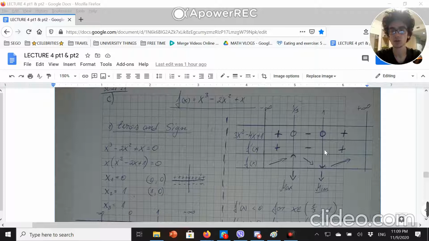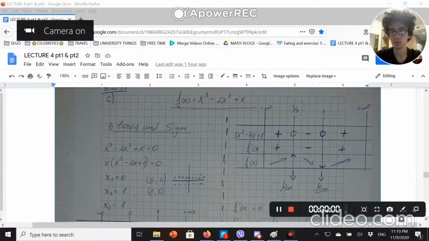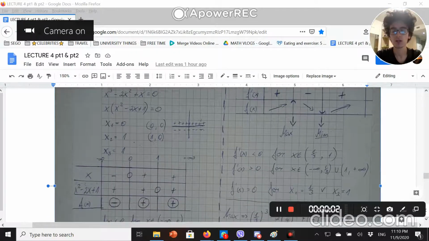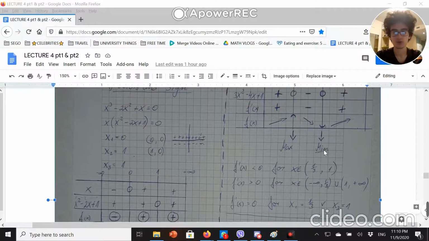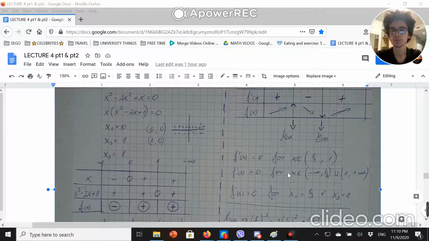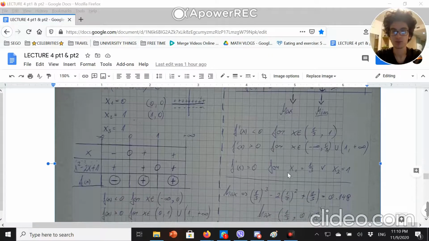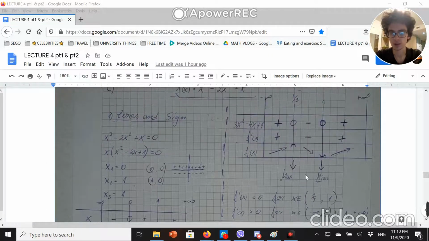So at point 1 we will have our minimum point. Okay, once again, we can write the intervals. It's just to summarize what we got in our table. I will not read this right now so that we don't waste time, but these would also be the intervals to just tell us what we found here.